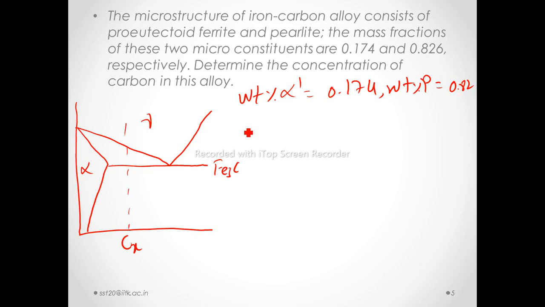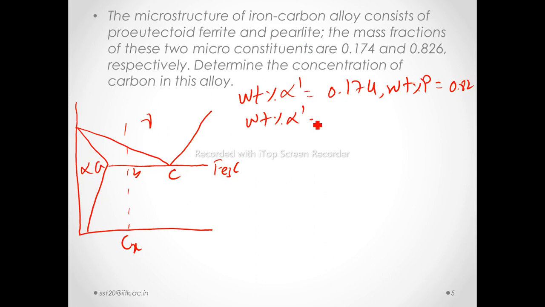First of all, we will draw a lever rule, with points A, B, C. We need to consider only the ferrite as well as the pearlite, so that's why I'm considering this length.